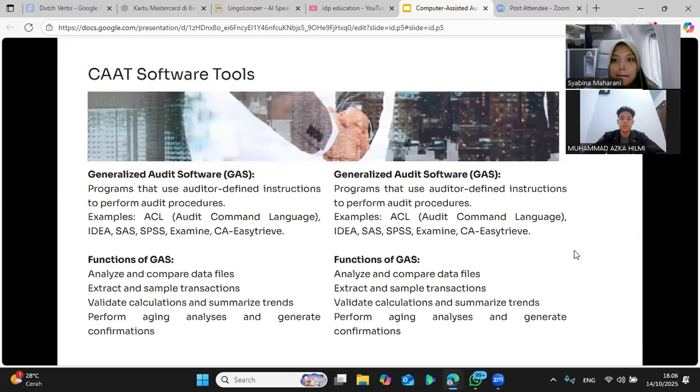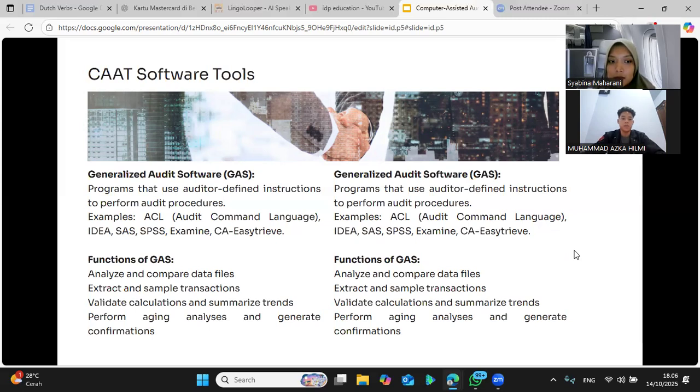The next one is CAAT software tools. There are four tools. There is generalized audit software that is covered in the RPS books. Programs that use auditor-defined instructions to perform audit procedures are the definition of GAS.